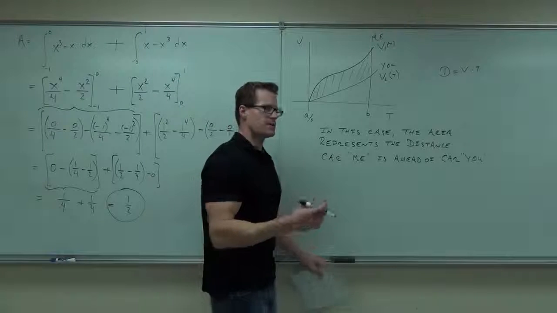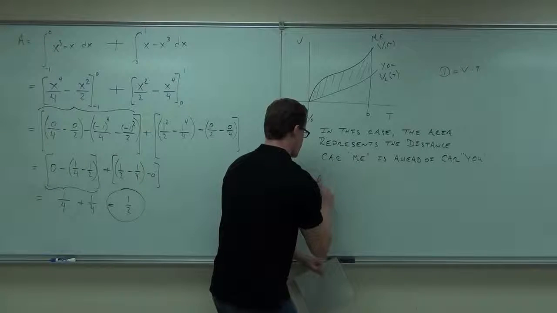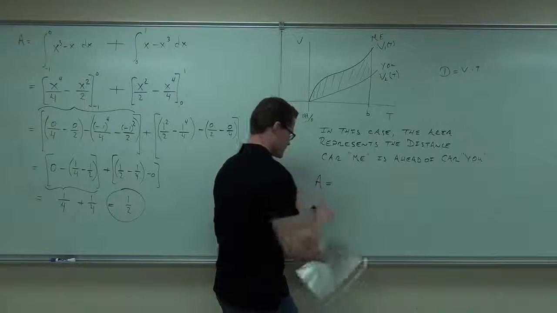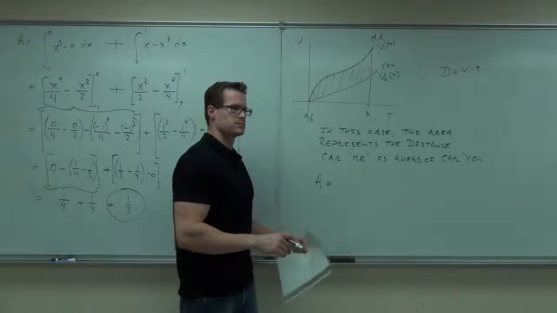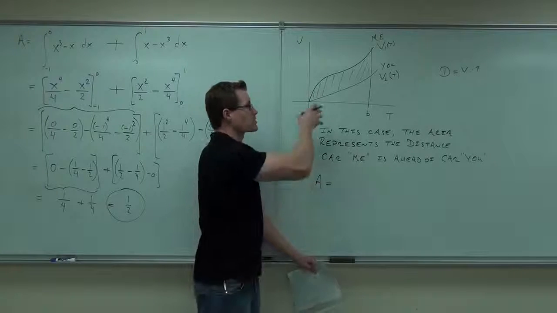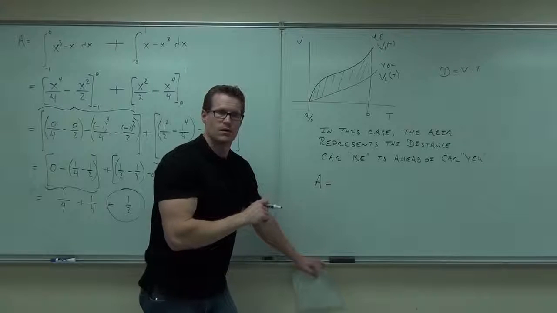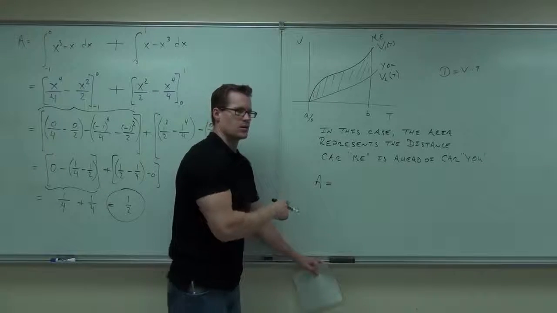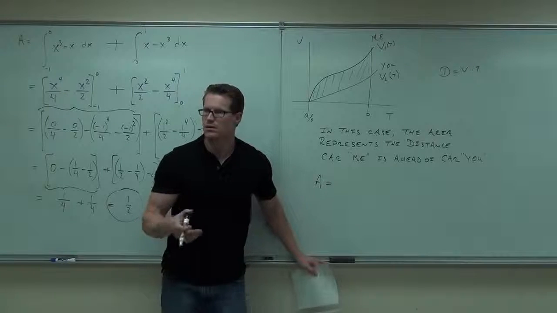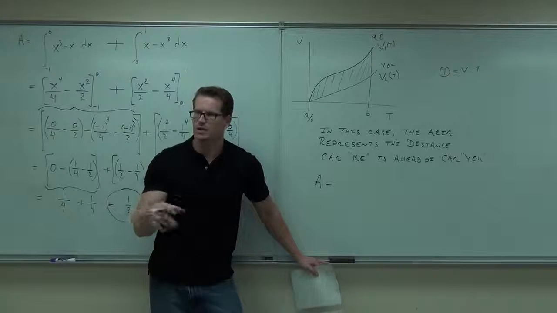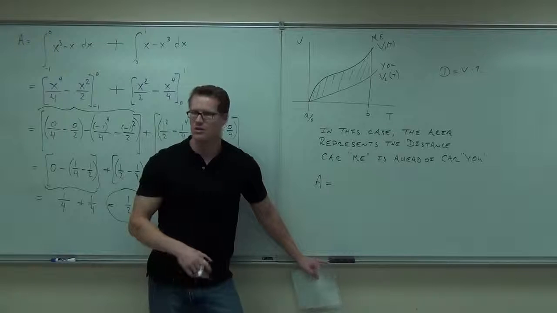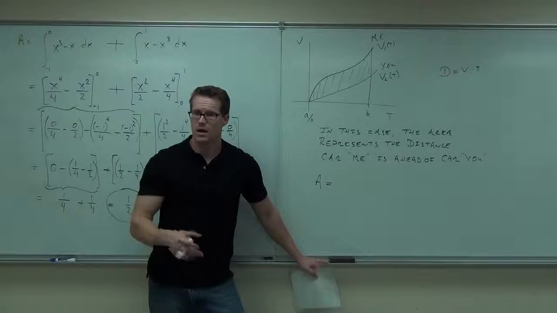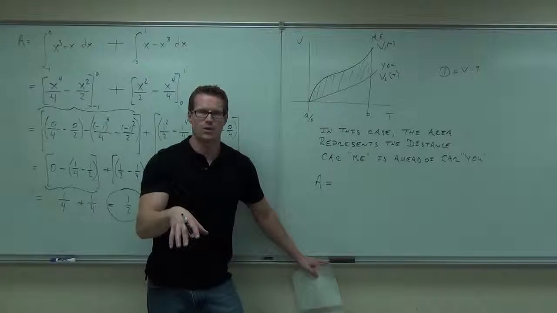How would you find that area? How specifically would you do it? How would you find an area between two curves? Set it up. Where does it start? A, or in our case, if we're at a dead stop, 0.